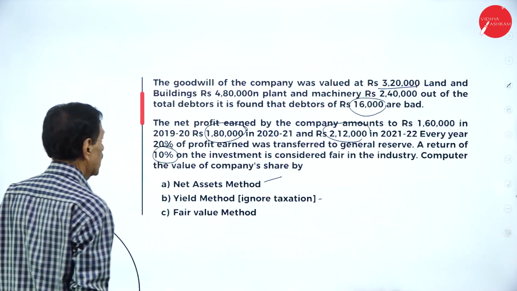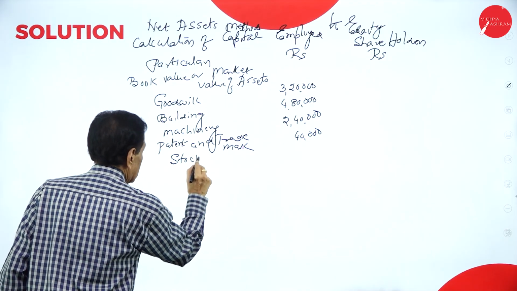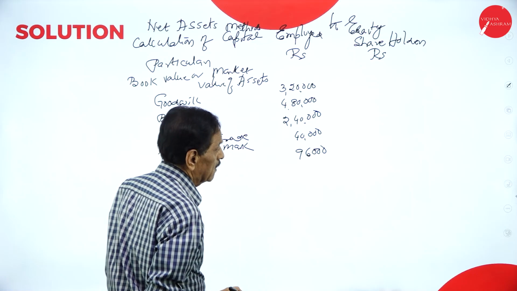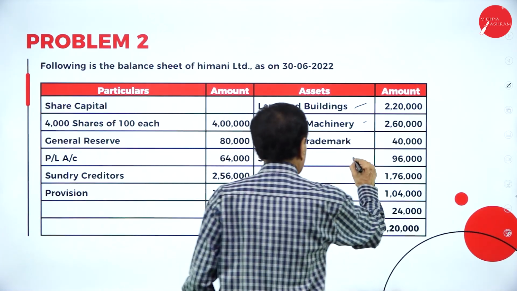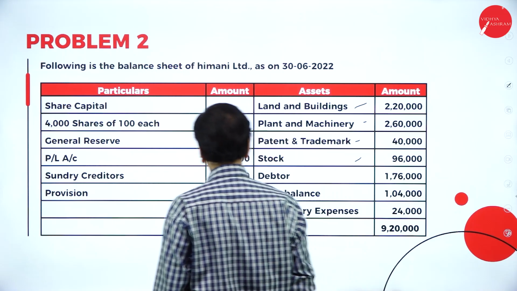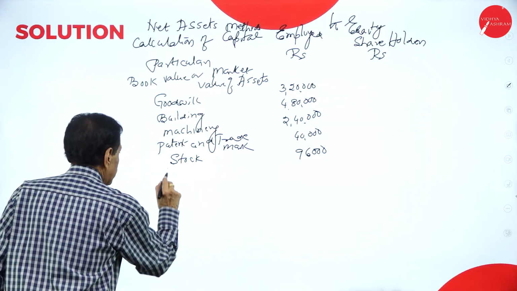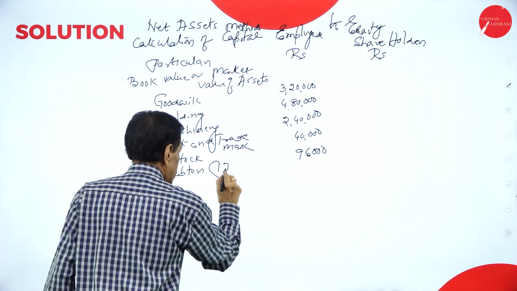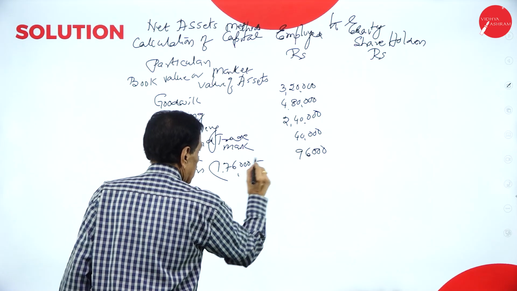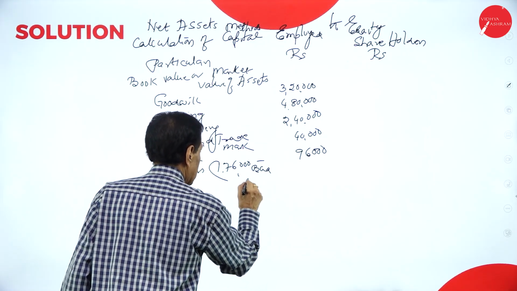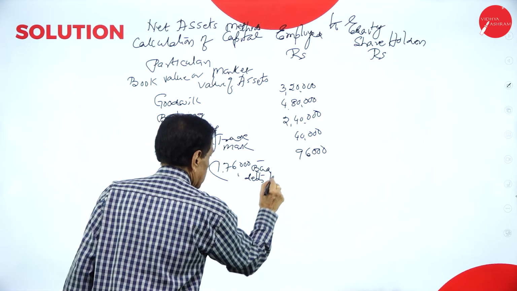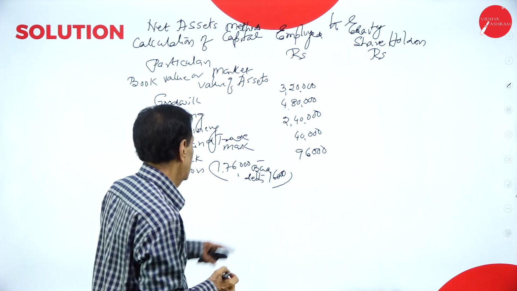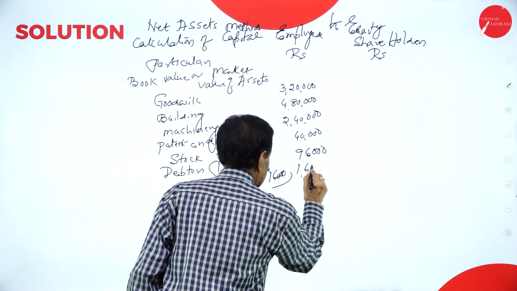Stock, no change, stock 96,000. What is the next one? Debtors 1,76,000 minus bad debts 16,000, deduct, 1,60,000.